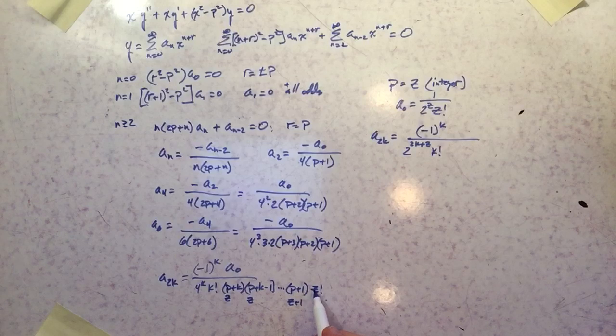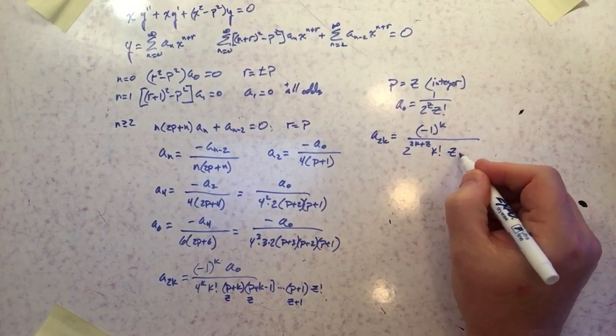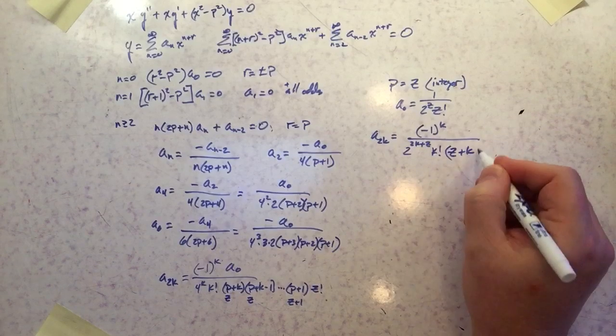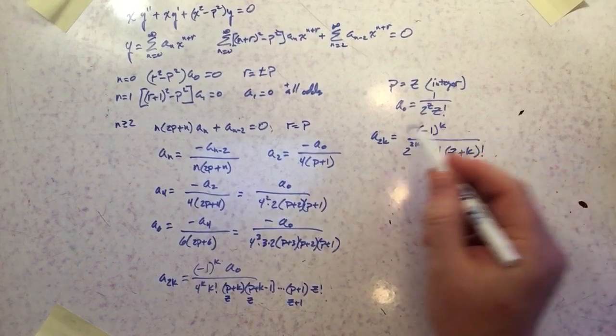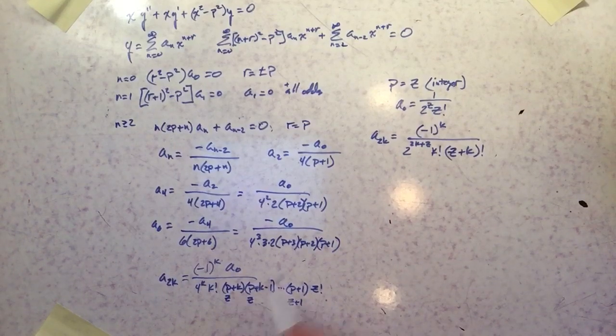And now z factorial takes us all the way down to 1. That turns this into z plus k factorial. It wasn't a factorial before because it didn't stop at 1, but now it is. So now the denominator is z plus k factorial, and you can see that our a2k term is a lot easier to represent than it was before.